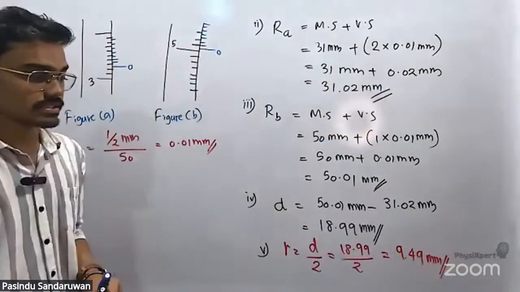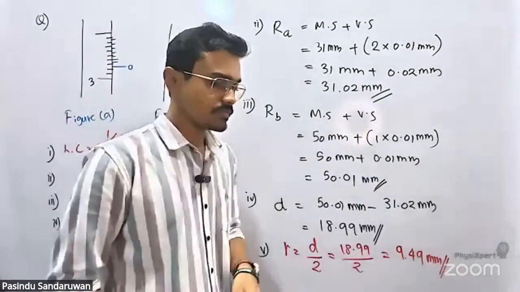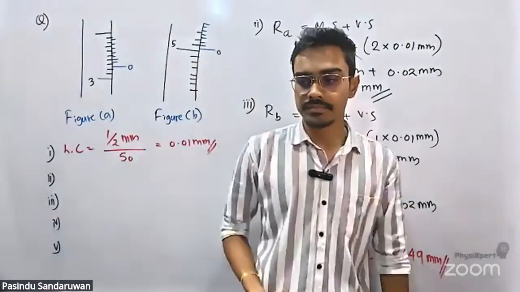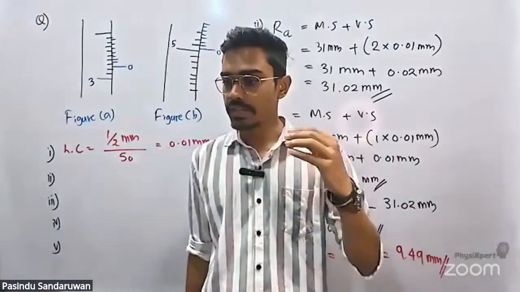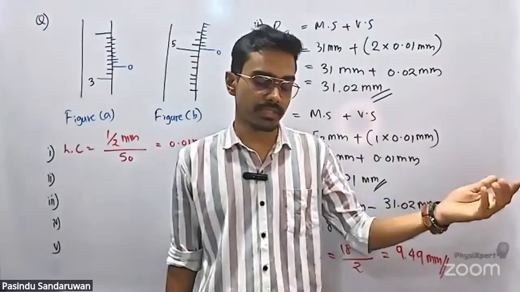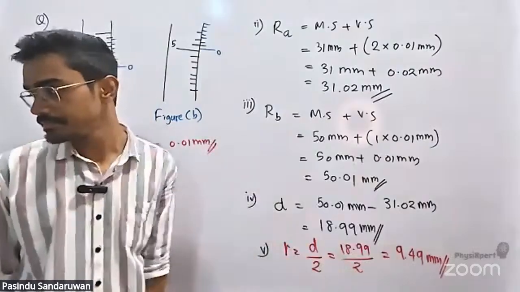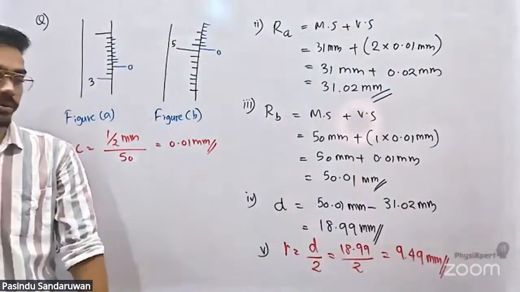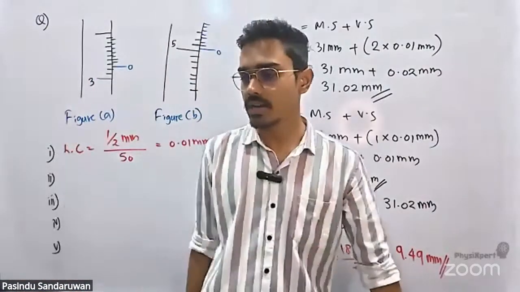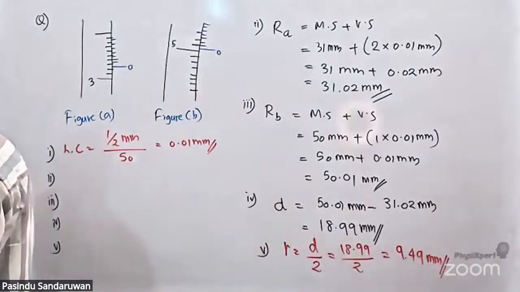Now, if your least count is two decimals, you have to keep all answers up to 2 decimals. So 9.49 millimeters. So these are the answers.